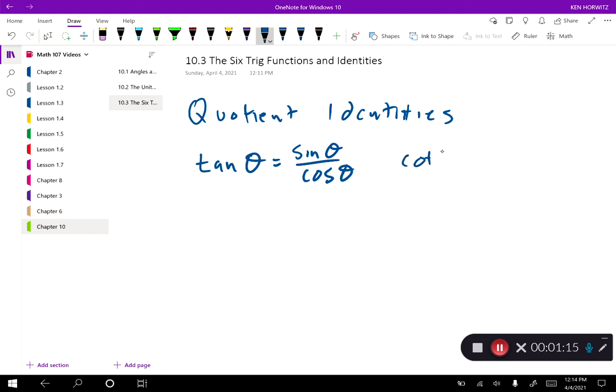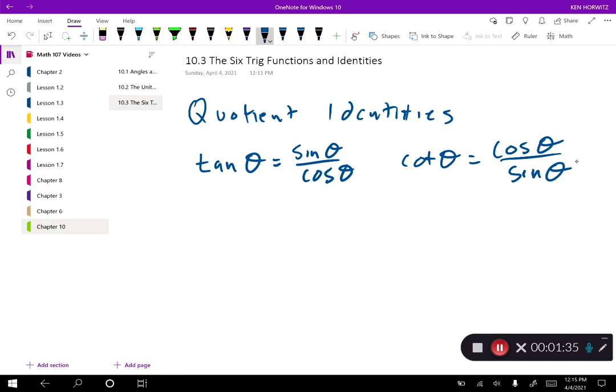Now, the cotangent of theta is equal to the cosine of theta divided by the sine of theta. So as you can see, once you know the cosine of theta and the sine of theta, you could get the tangent as well as the cotangent.